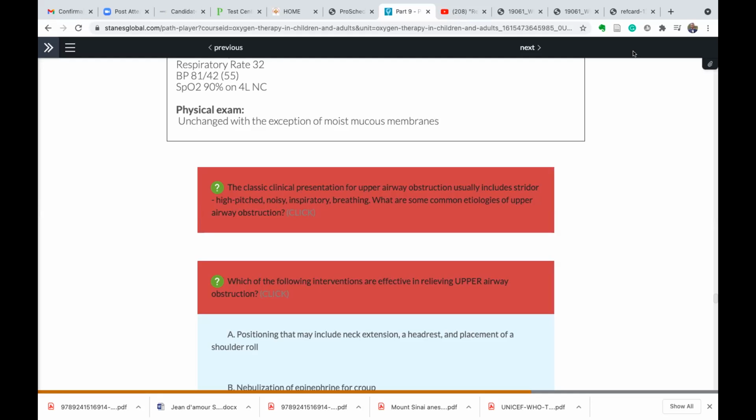Epiglottitis. Anaphylaxis, yeah, we have a good list.